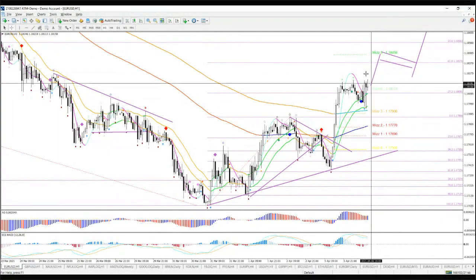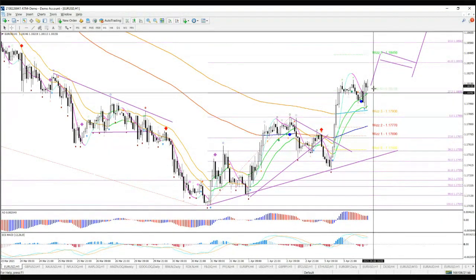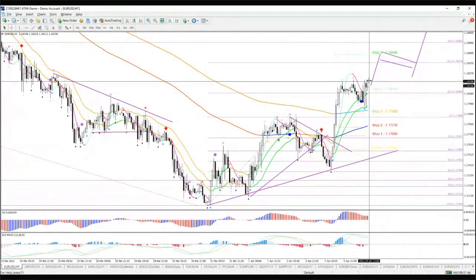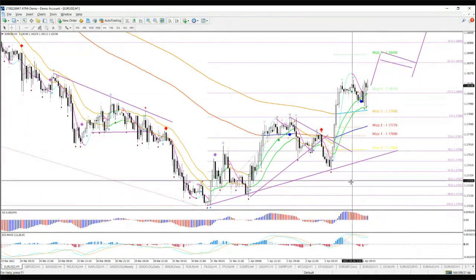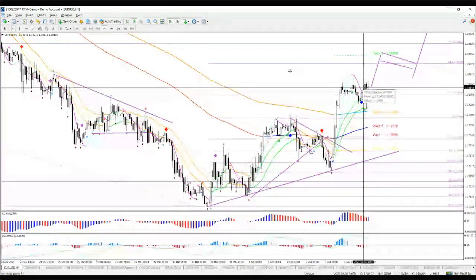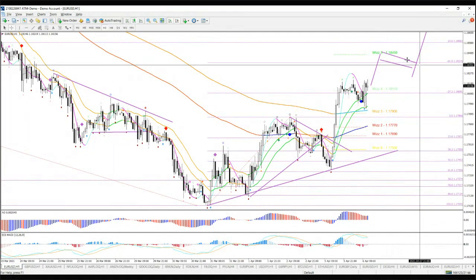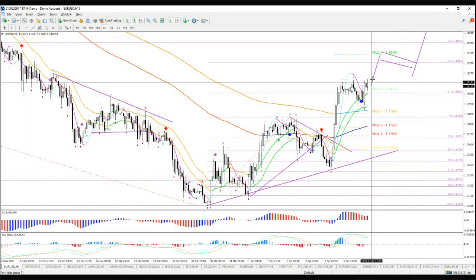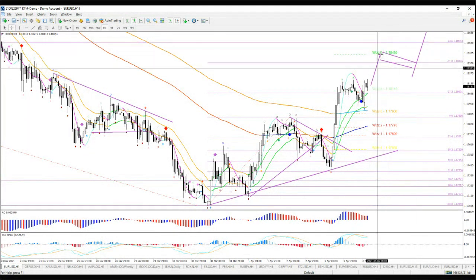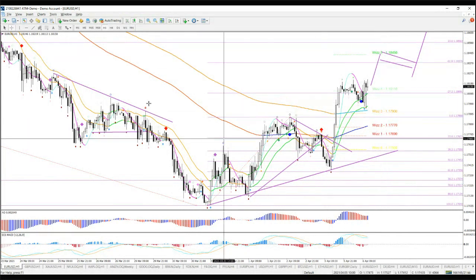I don't know whether break or bounce, that's difficult to say, and I don't want to attach any probabilities. But if it does break, then I'd rather wait for the bull flag to emerge at the 23.6 fib because it's so close to target, unless you're scalping on a lower time frame.